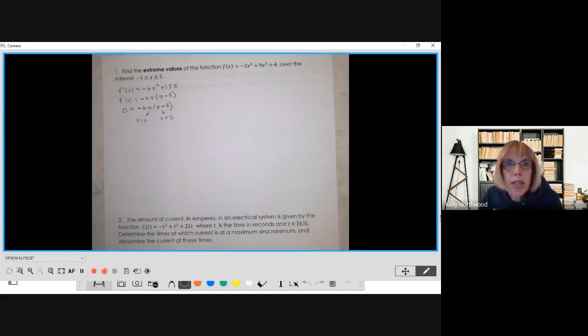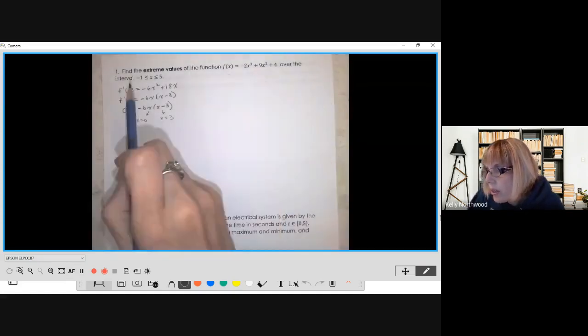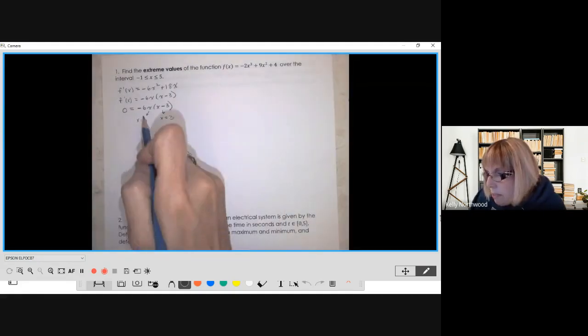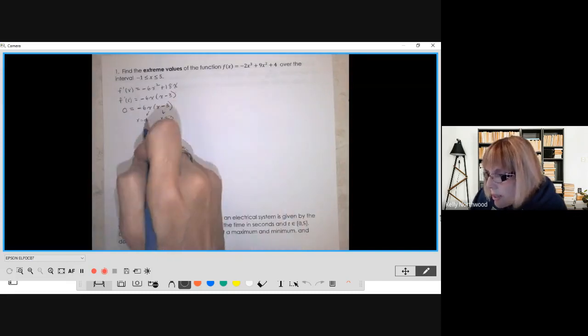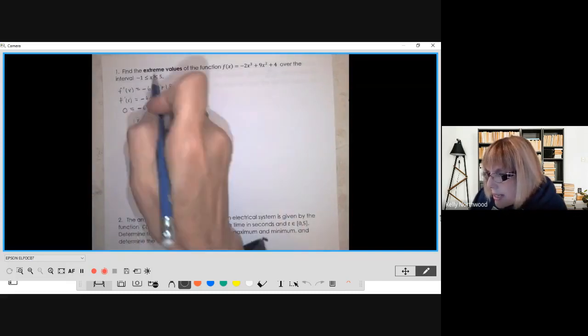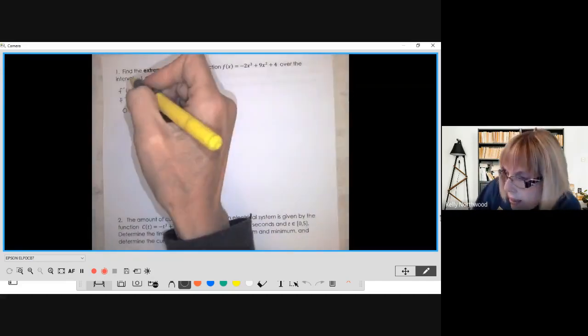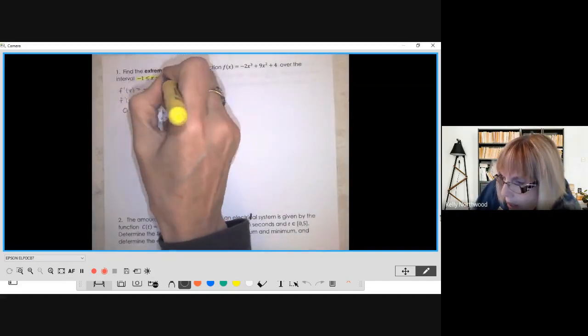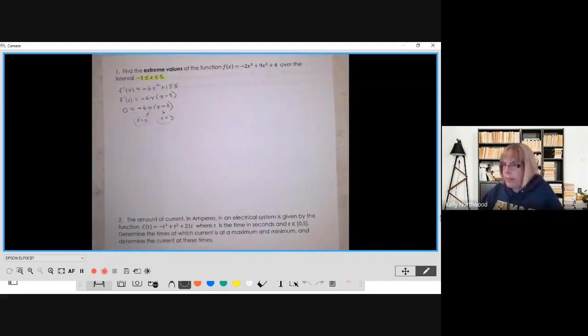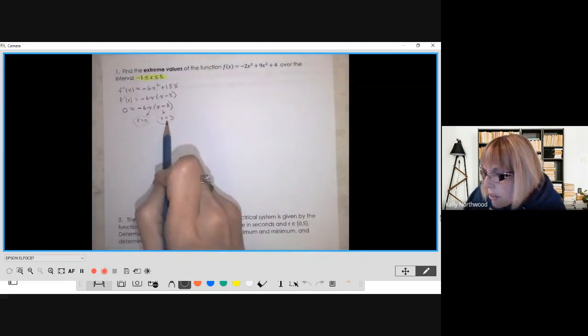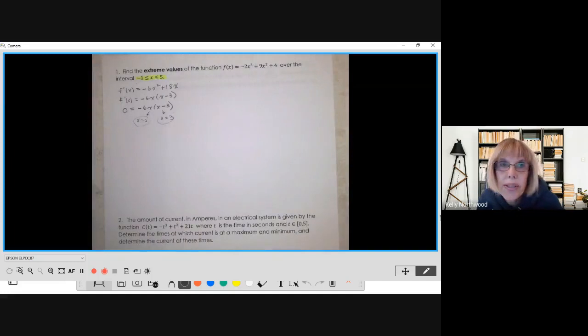So we want to find the corresponding y values that go with x equals 0 and x equals 3, because those are the two spots where the tangent's horizontal in this function. Another thing to notice is that they both fit into this interval -1 to 5. You always have to check whether the x values you get are contained within the interval you're testing.